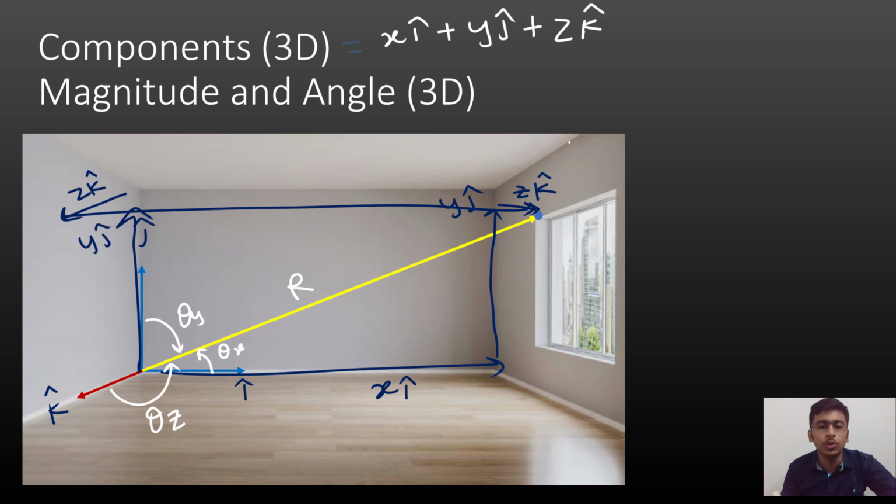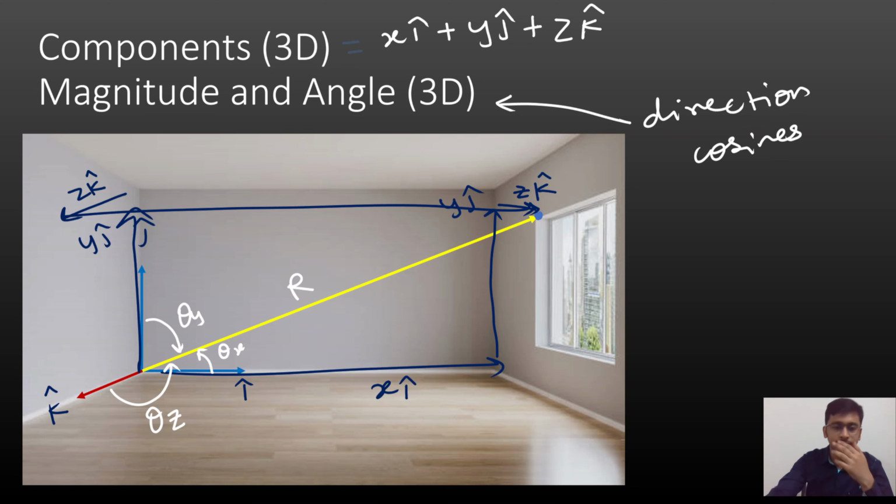So what do we do? We use certain terms called direction cosines. So what are these direction cosines? Let's talk about it in a bit of detail right now. First let's talk about converting x, y, z.